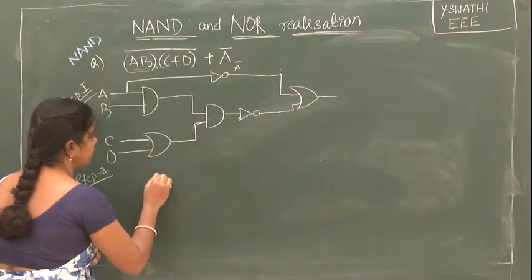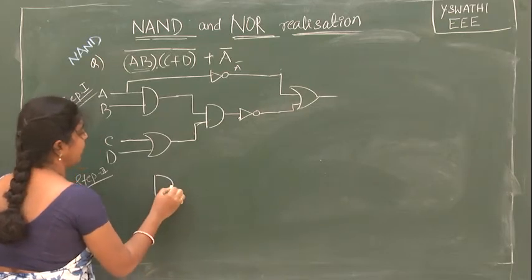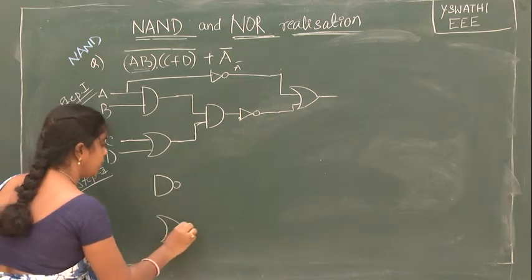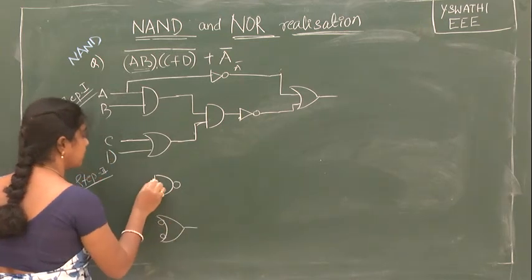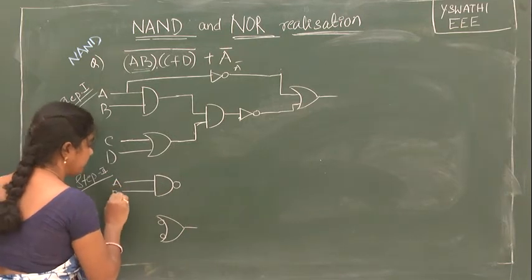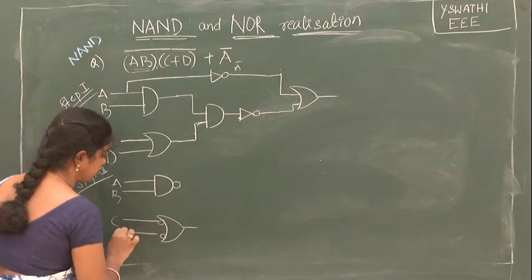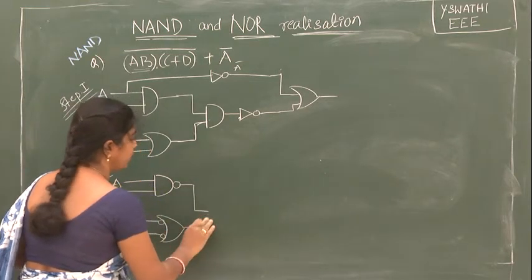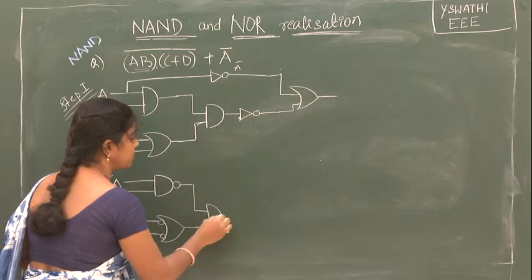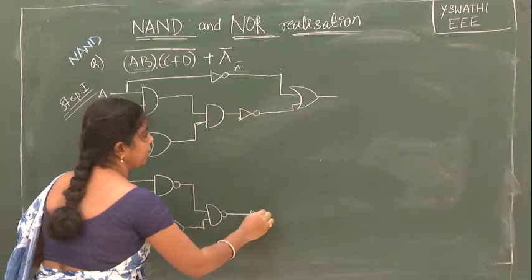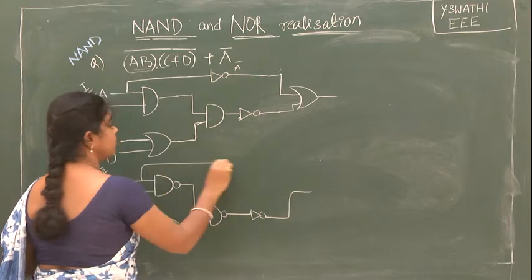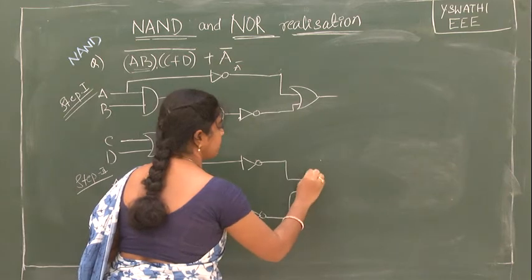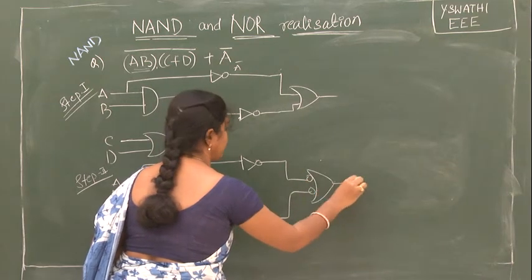So the AND gate output is bubbled, OR gate input is bubbled. Okay. Here again we are having AND gate, so output is bubbled, NOT gate, here also NOT gate, and here OR gate is there, so our inputs are bubbled. So this is our step 2.